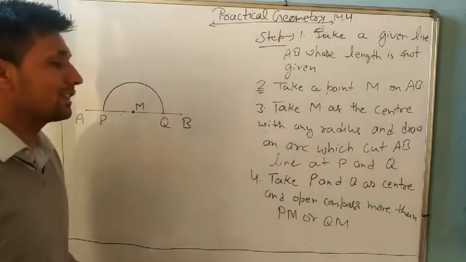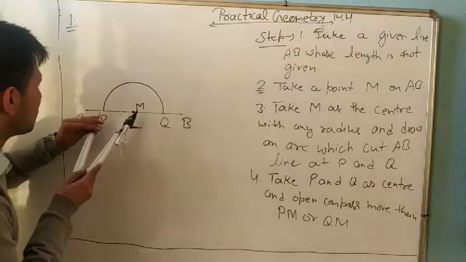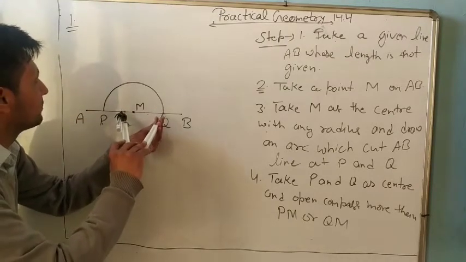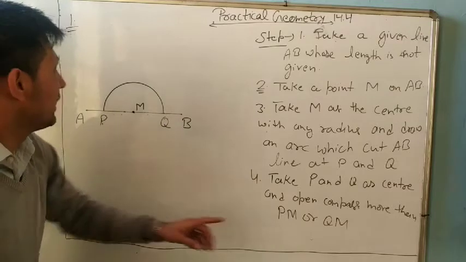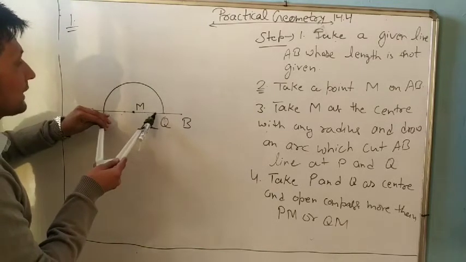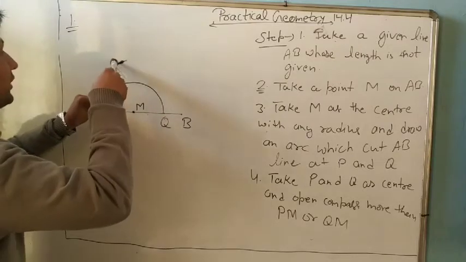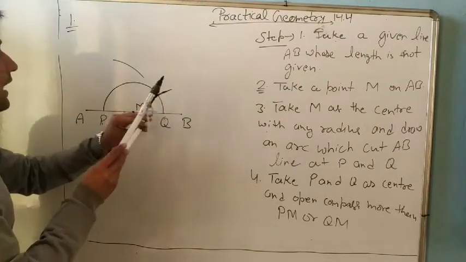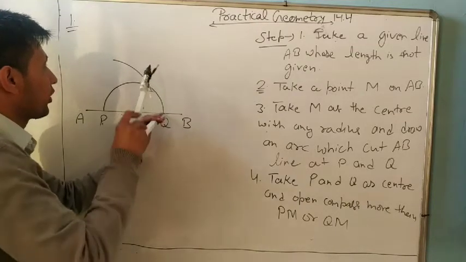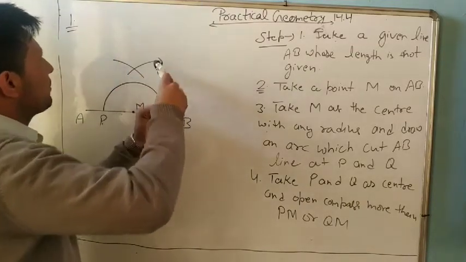Okay, more than PM. Look, it is more than PM, or you can say more than QM. So we will draw two arcs: one arc, and one more time the same without changing the opening. We will put the pointer on Q and cut like this.